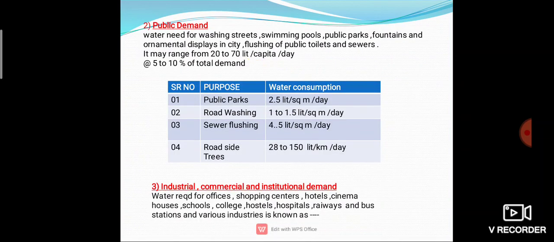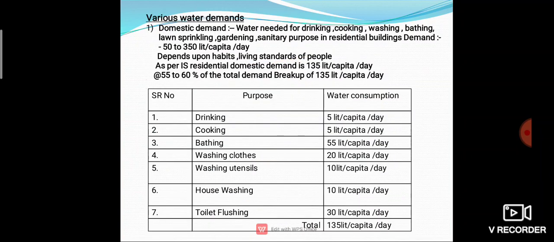Under normal conditions, humans require 5 liter per capita per day for drinking, and the same for cooking. Bathing depends on the habit of people or the climate condition. For an Indian bath, the quantity is assumed to be about 50 to 55 liter per day.